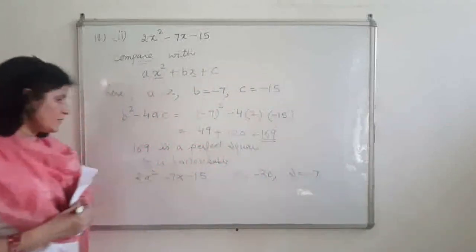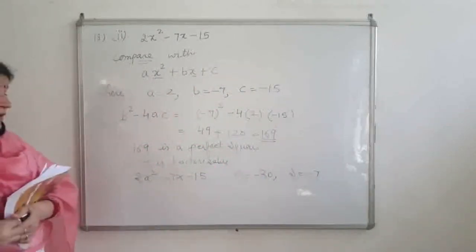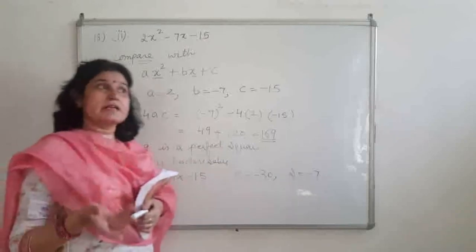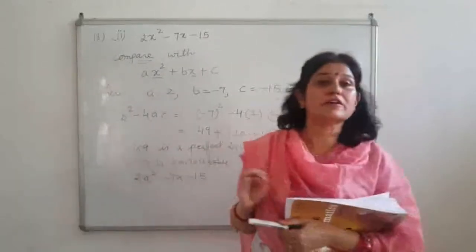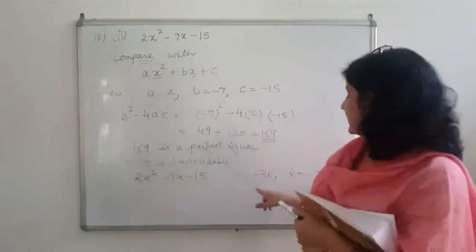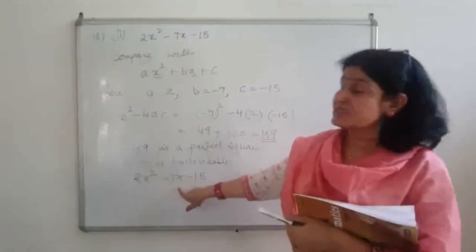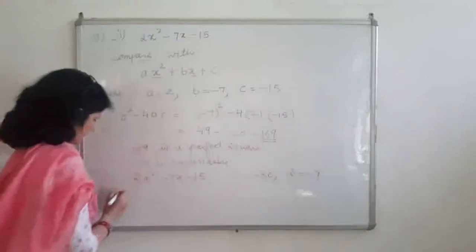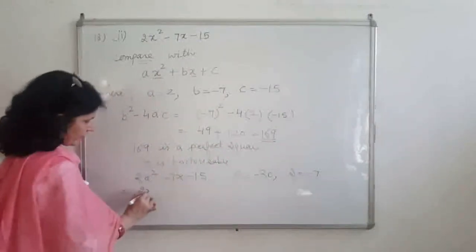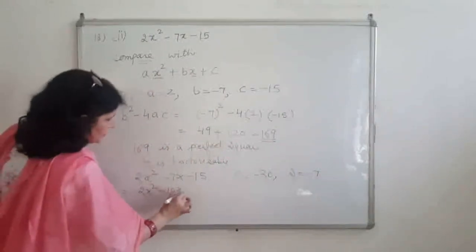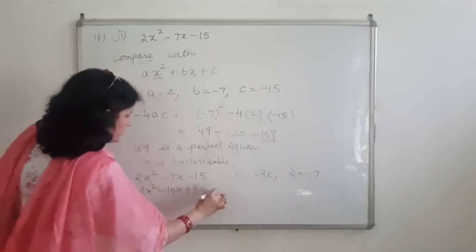So which two numbers will we take here? 3 tens are 30, 15 twos are 30, 30 into 1 is 30. So we will take 10 and 3: 10 threes are 30 and 10 minus 3 is 7. So 2x square minus 10x plus 3x minus 15.